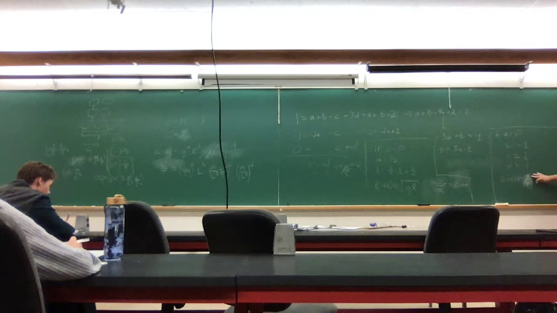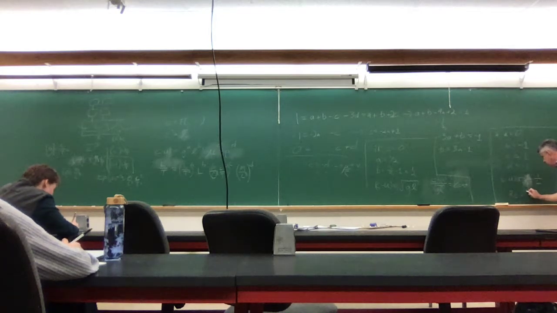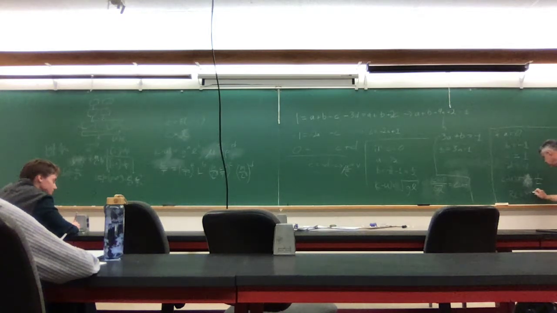Or, if I rearrange this a little, the Reynolds number, C minus U times L over mu over rho, is a constant.